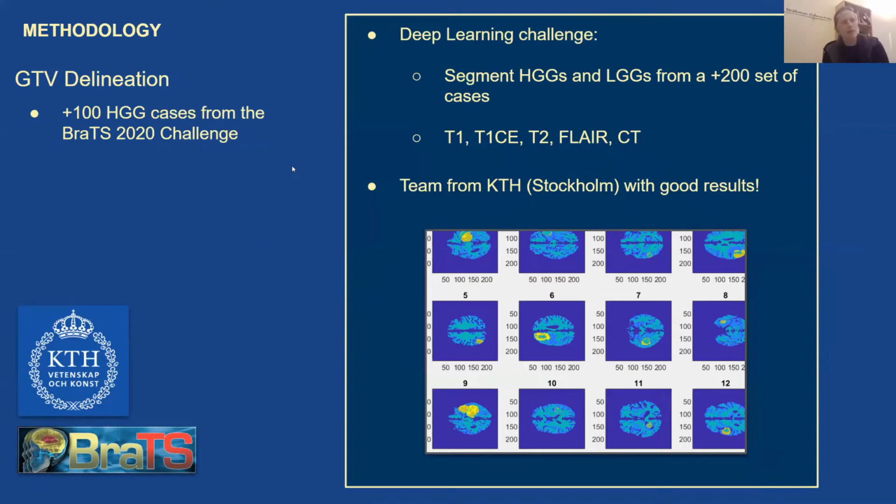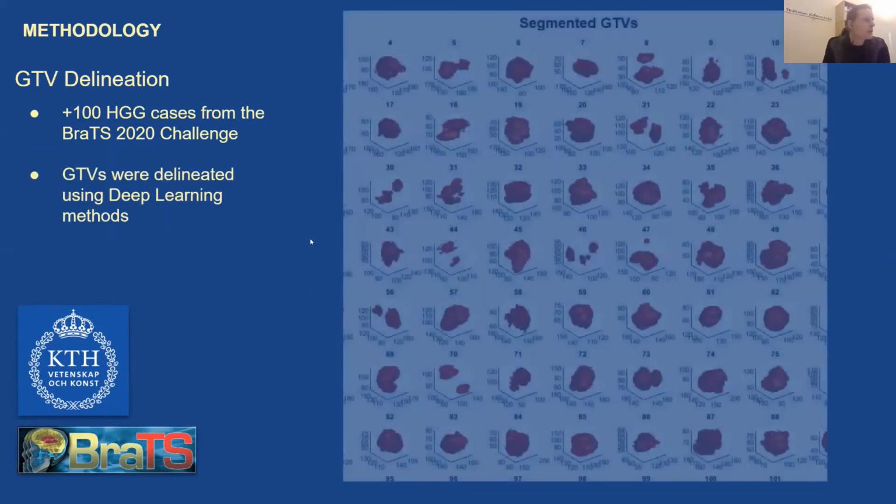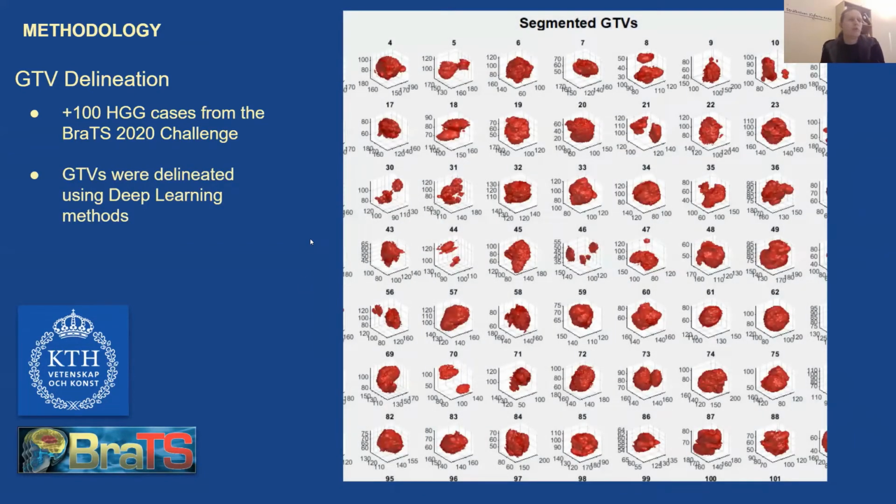Now, this was a deep learning challenge where different teams had a contest of which one could come up with the best algorithm to segment GTVs from a given data set. We had a team here from KTH here in Stockholm, which had some really good results, and we got access to their data. The actual true value of the data was not given publicly, so we had to use this deep learning data. Basically, we got a bunch of segmented GTVs, which we thought had some good quality to them.